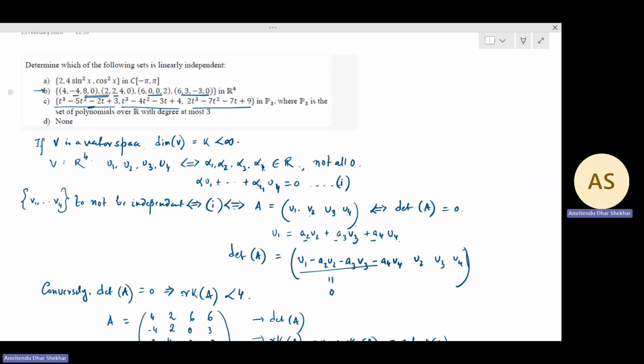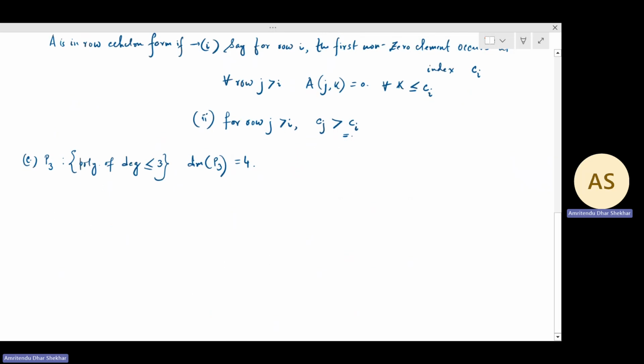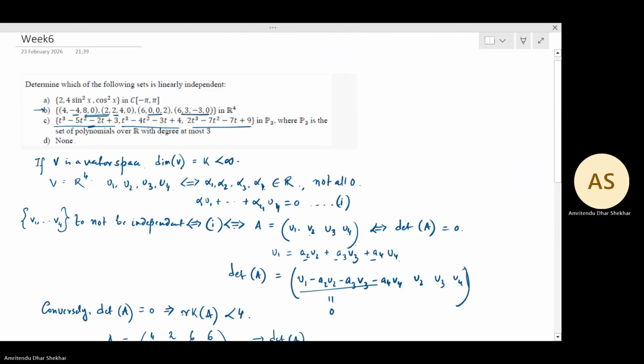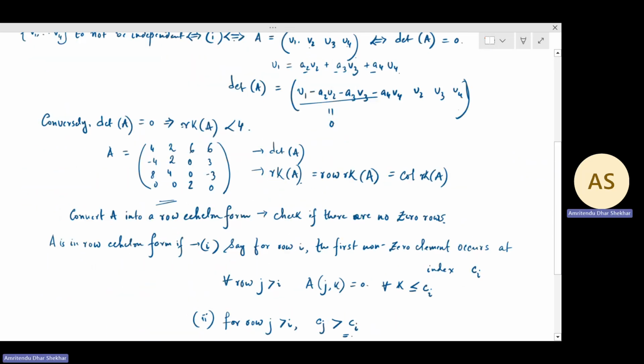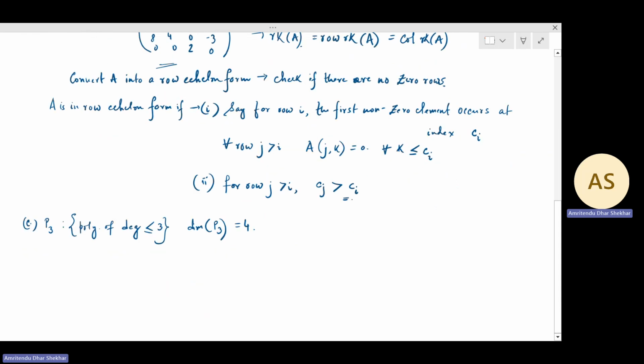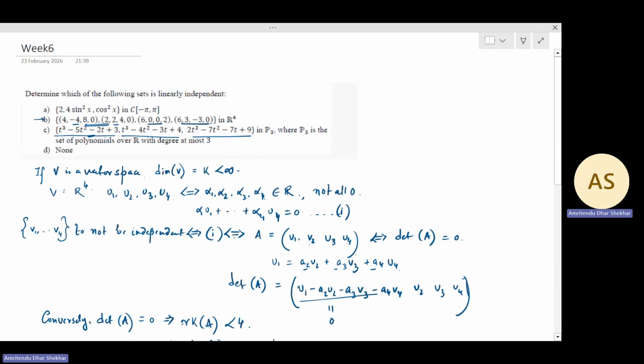So we resort to the above technique where we can first choose a basis. So the standard basis would be to choose 1, t, t squared and t cube as the basis for P3. So then you have a vector representation of these polynomials.